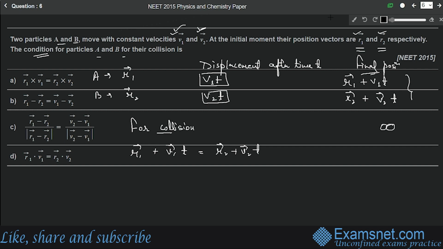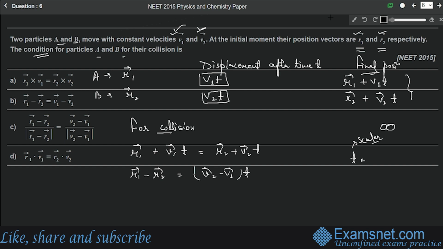Okay, that means the final position should be same. Now let's arrange it. So vector r1 minus vector r2 will be equal to vector v2 minus vector v1 into t. Okay, we can write it like this. Now what will be the magnitude of t? t is a scalar quantity, so it doesn't have a direction. It only has magnitude.